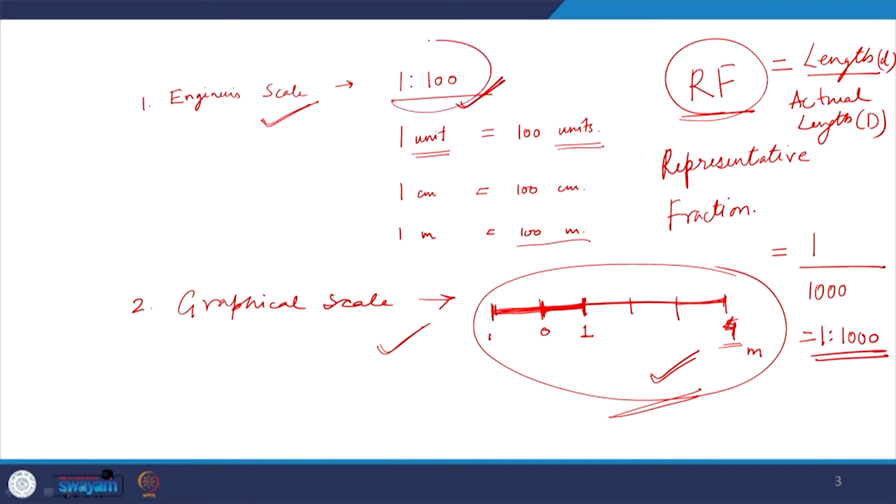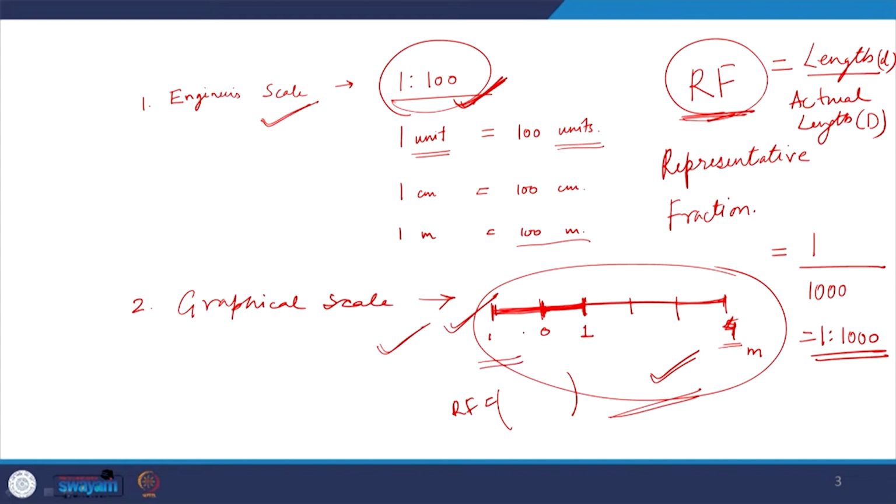So, this is the way of representing this RF, this representative fraction. So, this engineer scale is a way of representing this RF, which is say 1:100 here, and the RF here would be determined, and it would just be represented as a graphical scale here. So, that is what the purpose is.